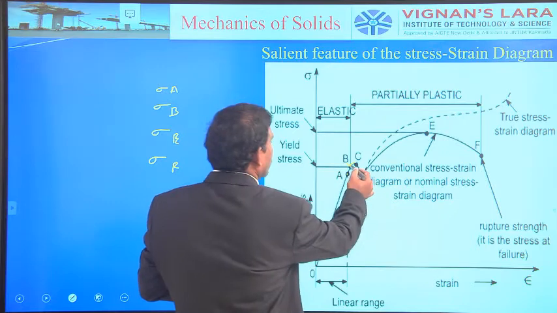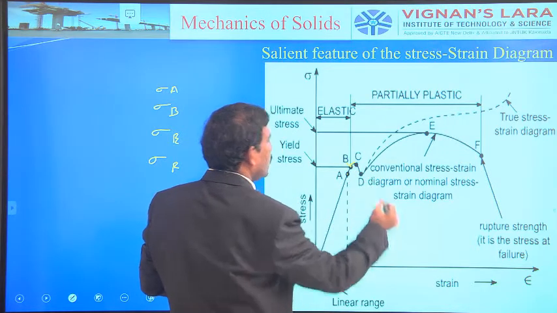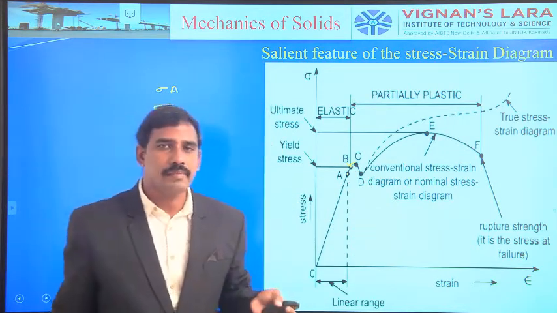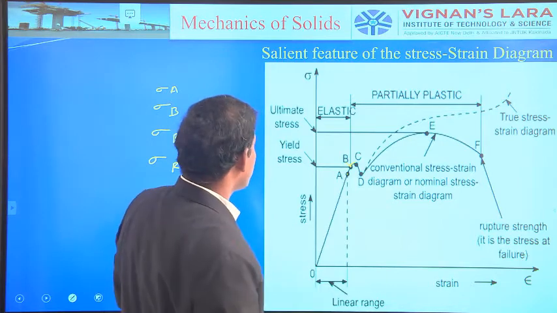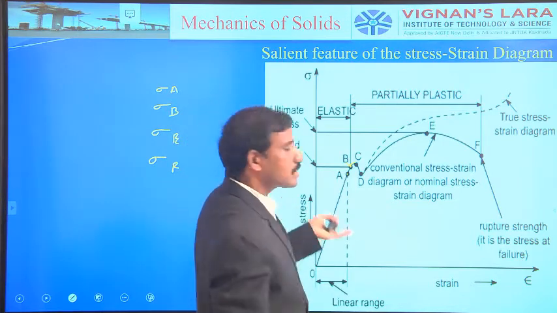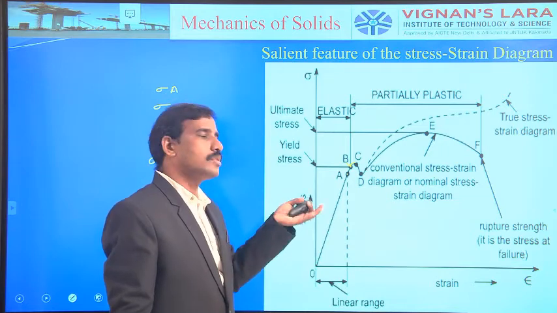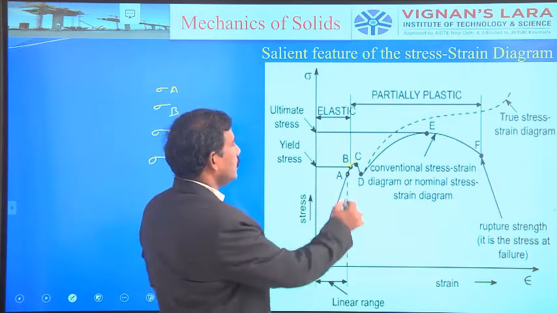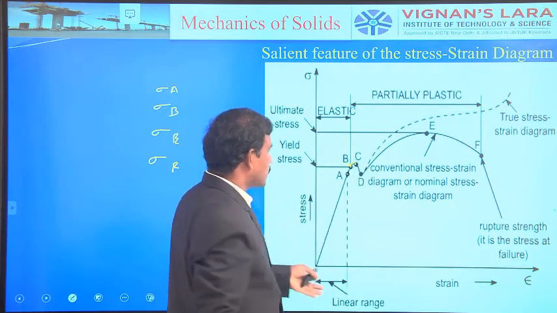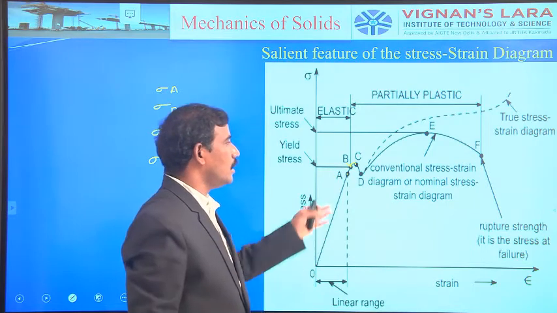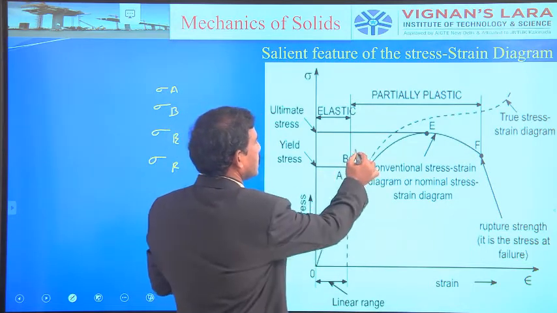The difference between A and B is very small or negligible. The limit of proportionality can be taken as the elastic limit in most cases. Then further strain is caused by the increased load at C.